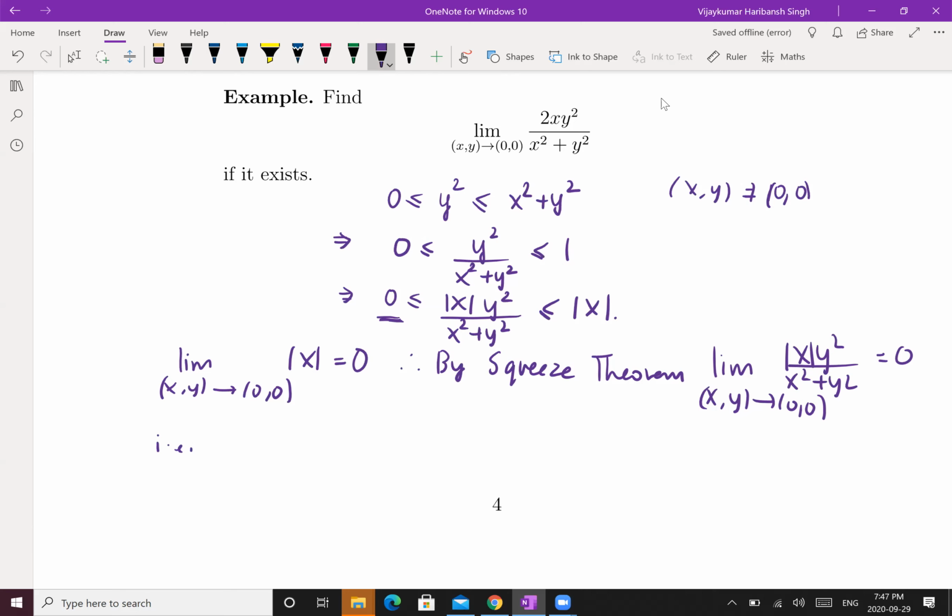But we have seen this property that if the limit of the absolute value goes to 0, then the inside must also go to 0. This is only true for going to 0, not for any other value. So we have to use squeeze theorem to prove this.